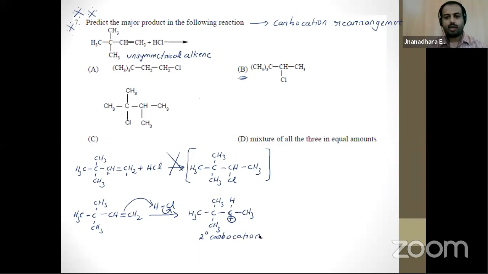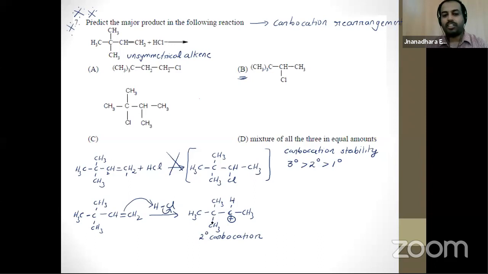We all know the stability order of carbocations. Carbocation stability: tertiary is greater than secondary, greater than primary. Now this is a secondary carbocation. Given an opportunity, a secondary carbocation would rearrange to a tertiary.